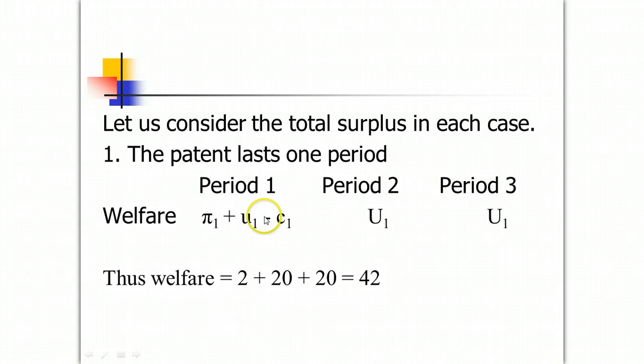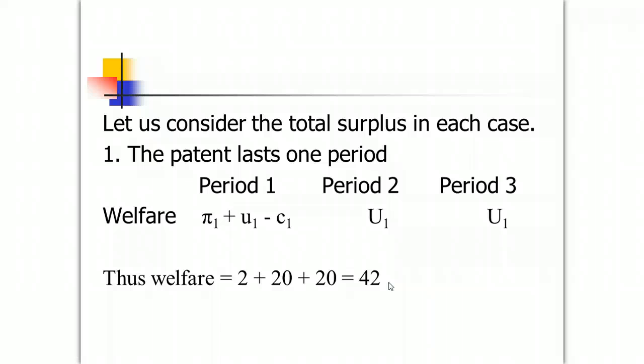So over the 3 years, let's add them up. I think this is 10 plus 2 minus 10. So that's 2 of a surplus generated in period 1, 20 in period 2, and 20 in period 3, for a total across the 3 periods of 42. When the patent lasts 1 period, we're just concerned with innovation 1.